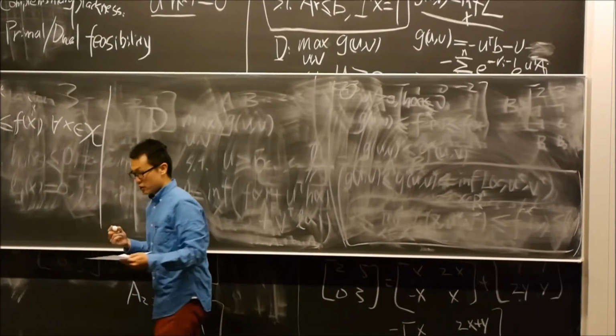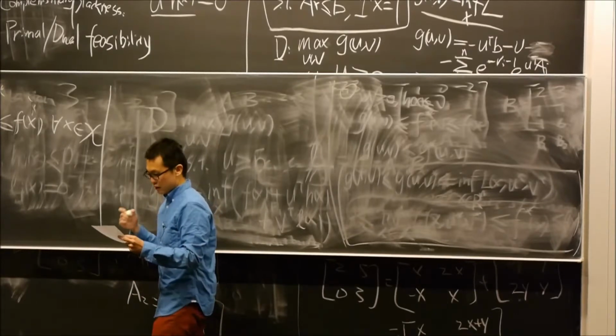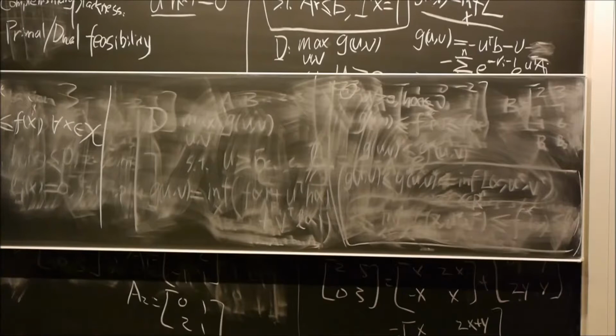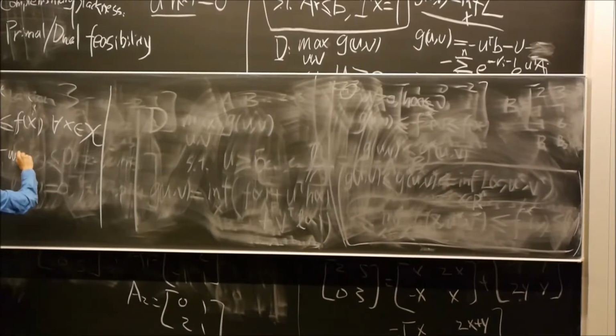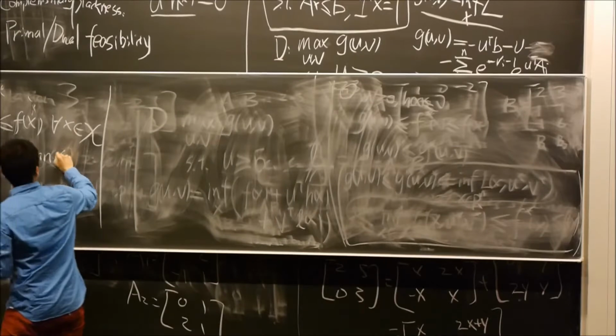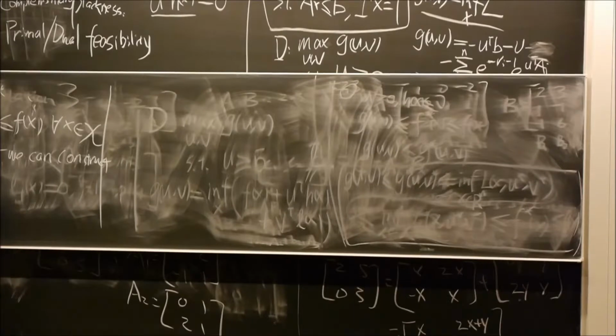So, of course, the first thing we need to do is to still write out the dual optimization. And when we have it, we have this theorem. Suppose we can construct the dual variable v star such that this v star is feasible.